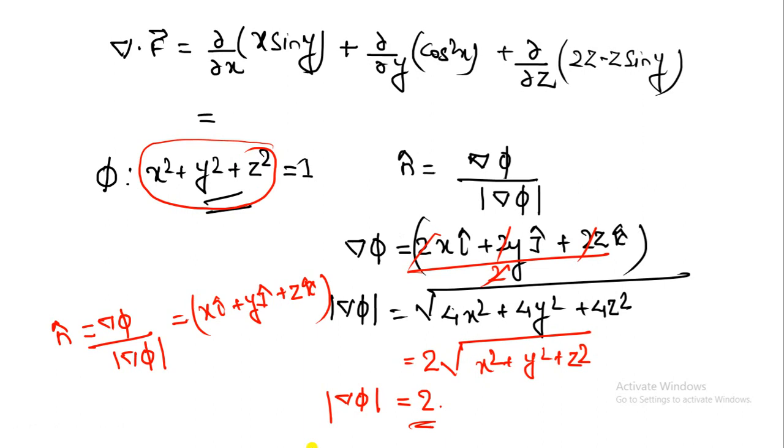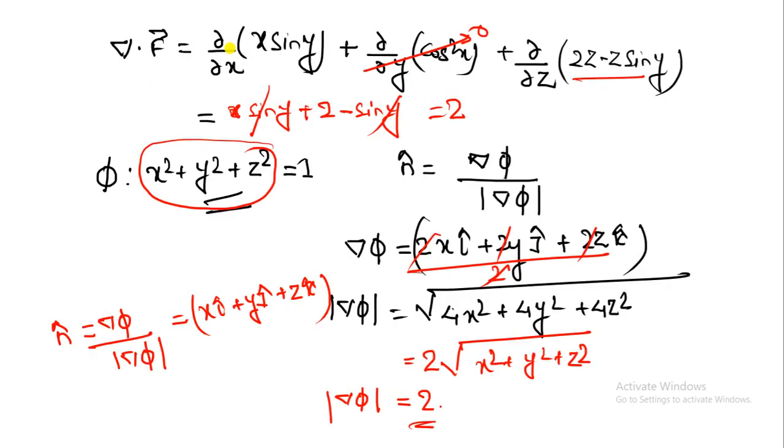Now what we have, div F is what? del by del x of x sin y is sin y, plus del by del y of cos square x, which will be 0, plus del by del z of that factor, which will be 2 minus sin y. So what you will get is 2. So what we have is the triple integral over V of 2 dV.